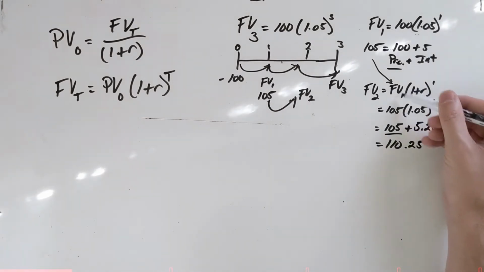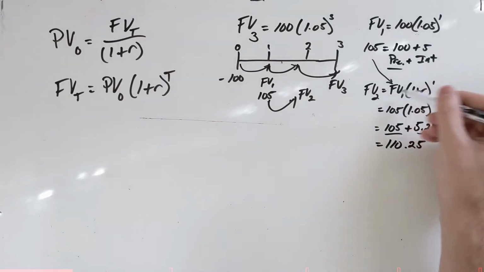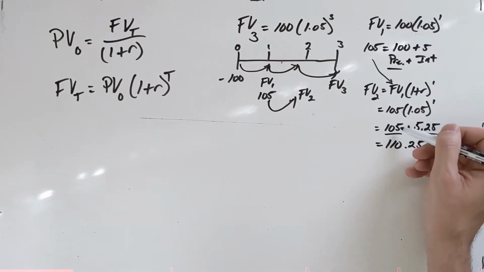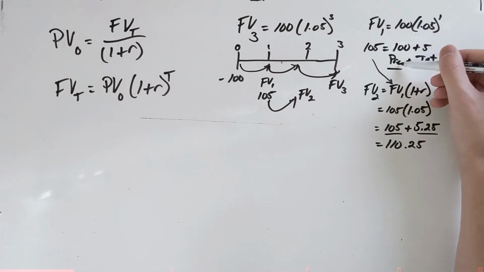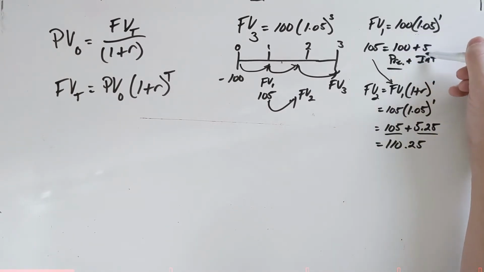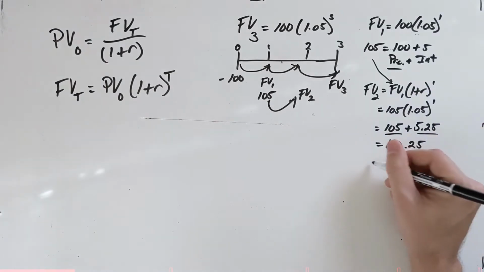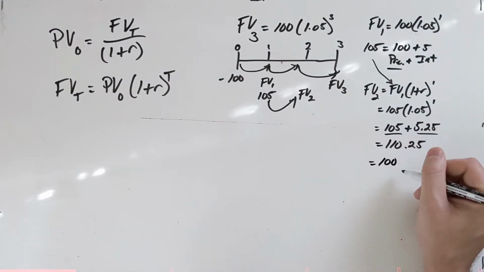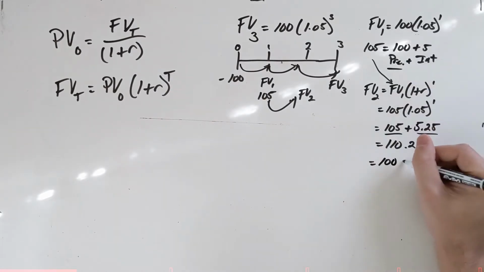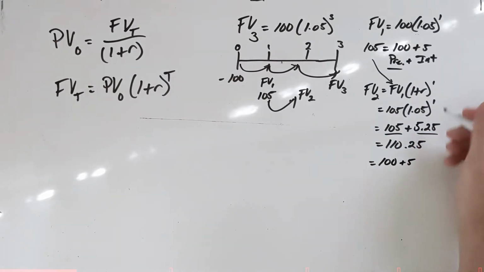And if you want to break it down into even more pieces, this would be the principal from year 1, and this is the interest during the second year. But the principal from year 1 is composed of the principal at time 0 and interest from year 1. So ultimately in this account, there's our original $100 investment, there's $5 in interest on that $100 from the first year.